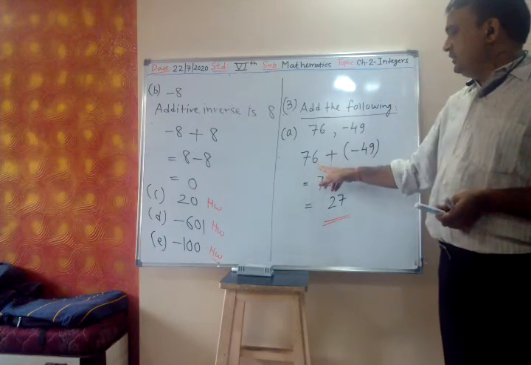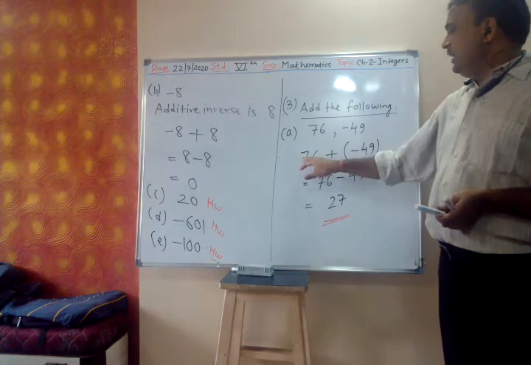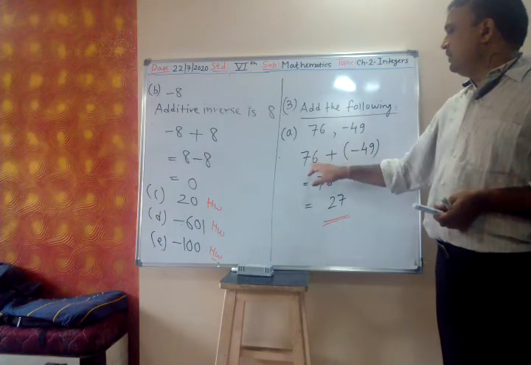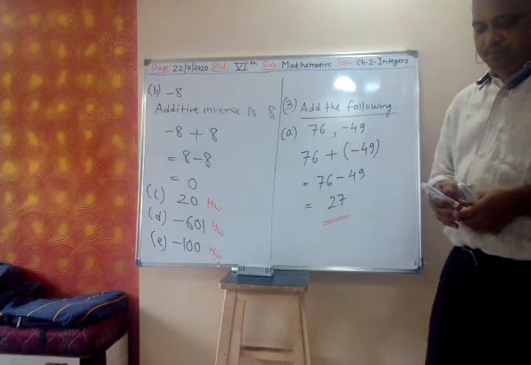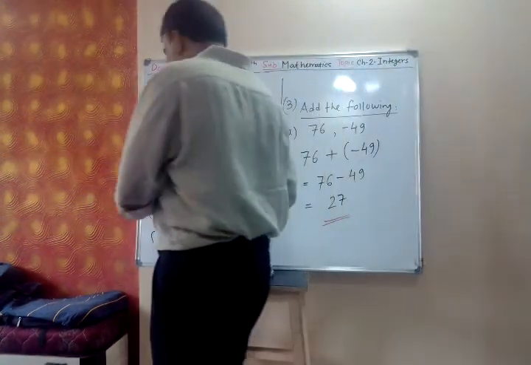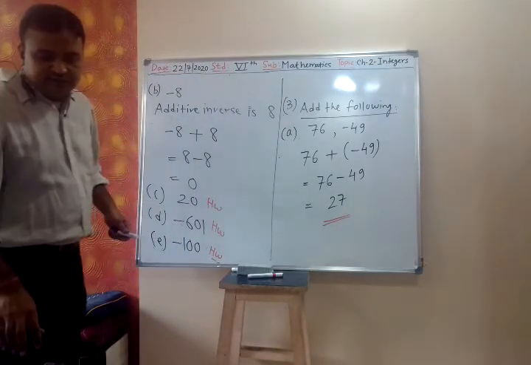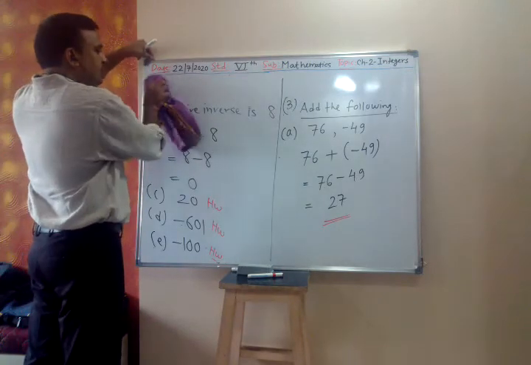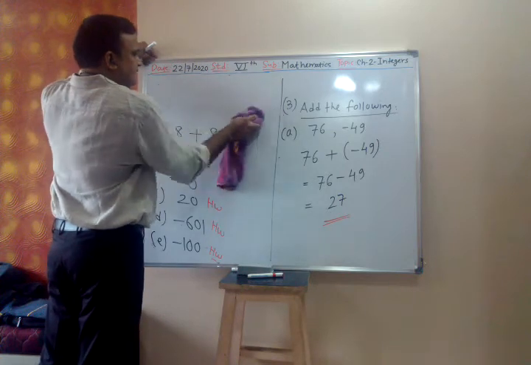Sign of 76 is plus, sign of 49 is minus. They have opposite sign, so we have to subtract smaller number from bigger number. So 76 minus 49 is 27. You have to take the sign of bigger number. Bigger number is 76, and sign of that is plus.